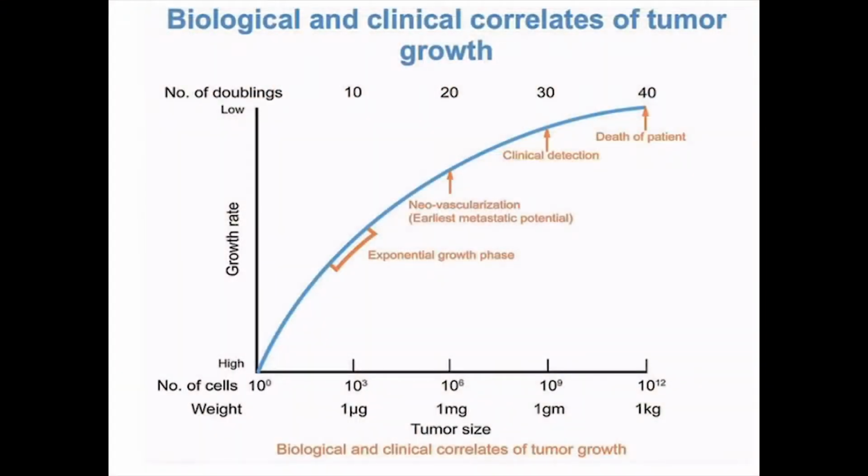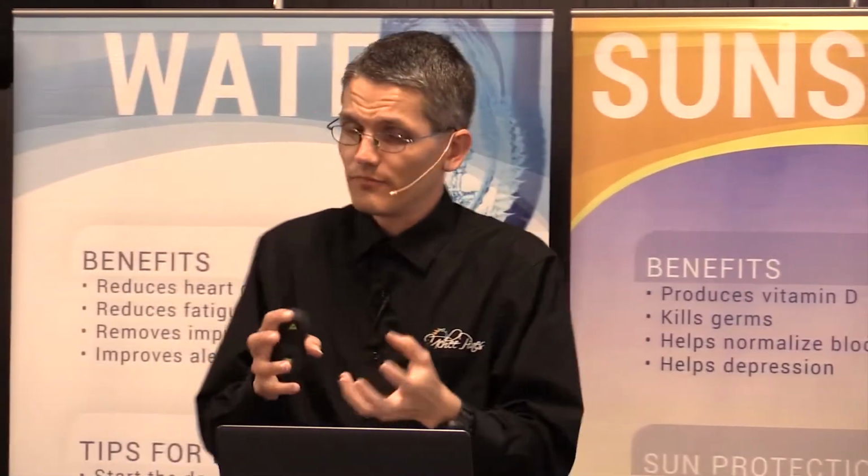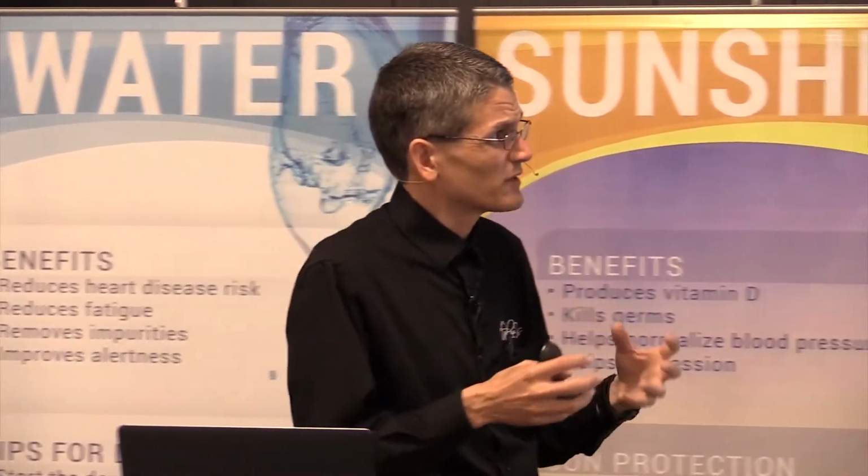And that's where you have neovascularization, meaning that you start having new blood vessel growth by the time it gets to about 1,000,000 cells, and with that the ability to then metastasize or spread to different locations.